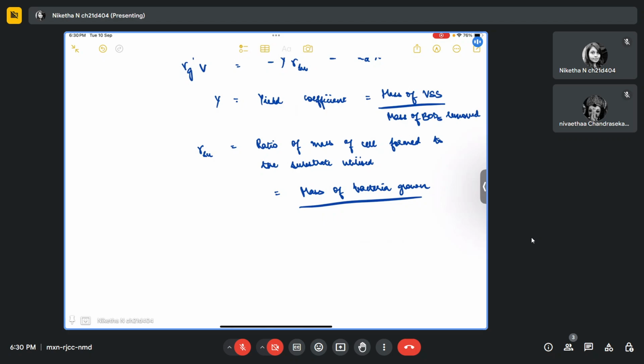For example, if it has grown by 100 grams, it will need some amount of organic waste in order to digest and grow, right? So that is the substrate. This denotes the organics in the waste.